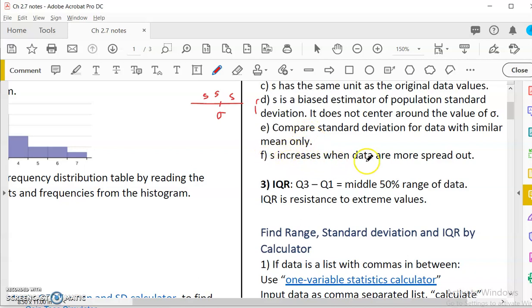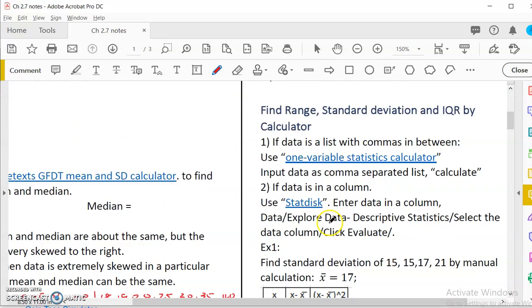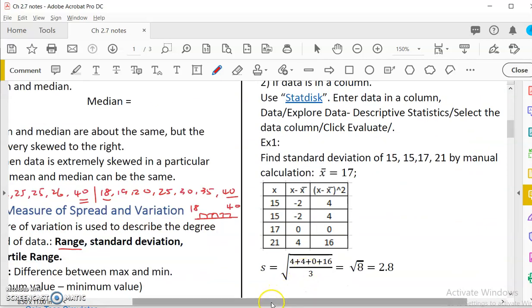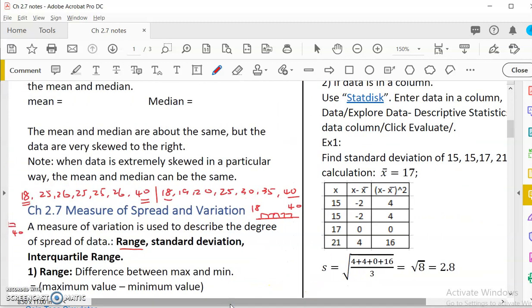Okay, F, S increases when data are more spread out. So going back to the original example we were talking about, if I calculate the standard deviation for the first set, it will be lower because the data are more concentrated. They don't vary that much. This one varies too, but overall it doesn't vary as much as these.